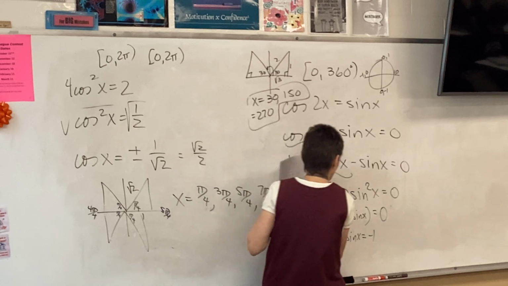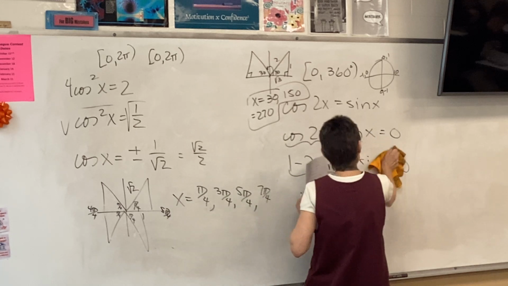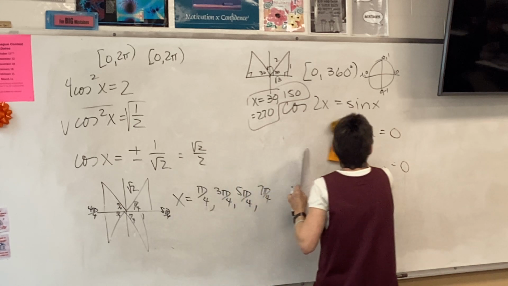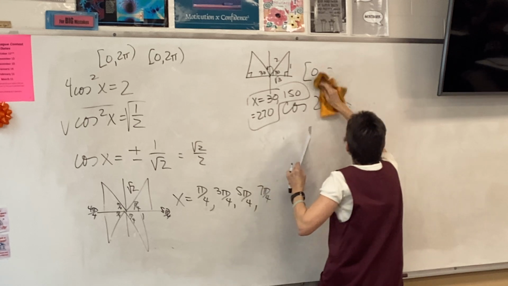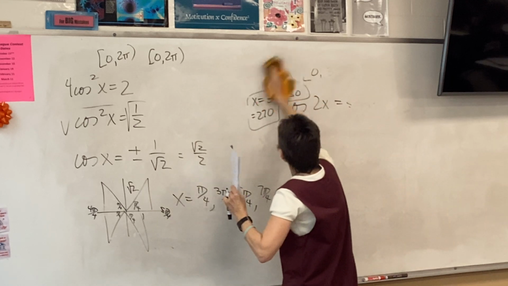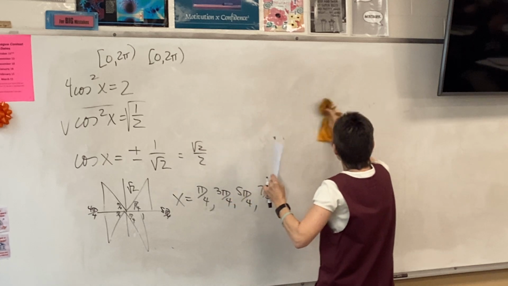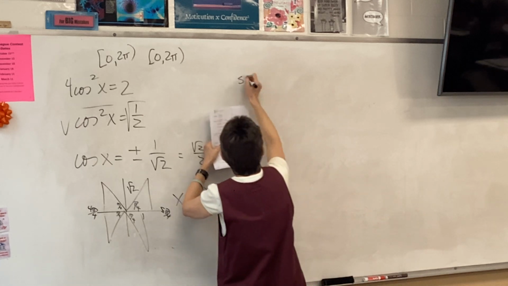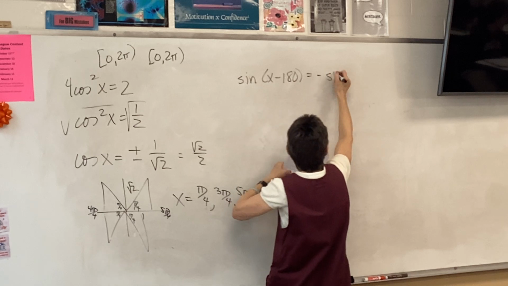Alright, number 4 is another proof, but it's easier. Do you remember what we do when we have to simplify sine of x minus 180 into negative sine x?